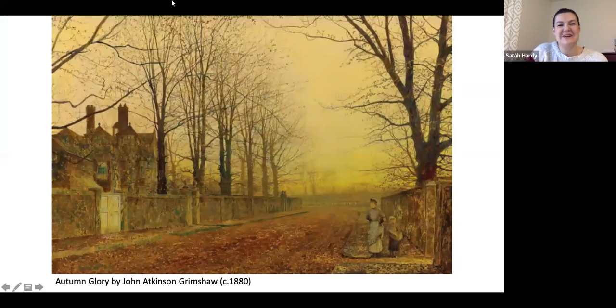And this is the first image that I wanted to talk about today and to share with you. An absolutely wonderful rendering of autumn. And we see very clearly in it a very accurate, realistic depiction of the effects of light during this season.